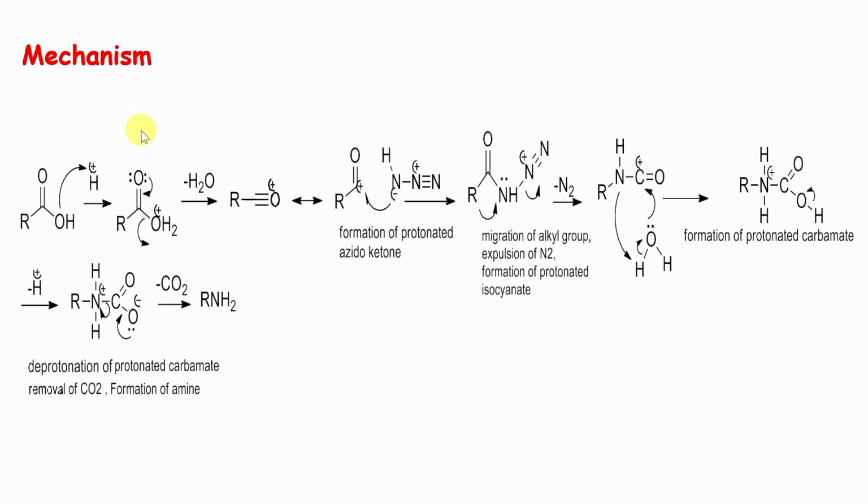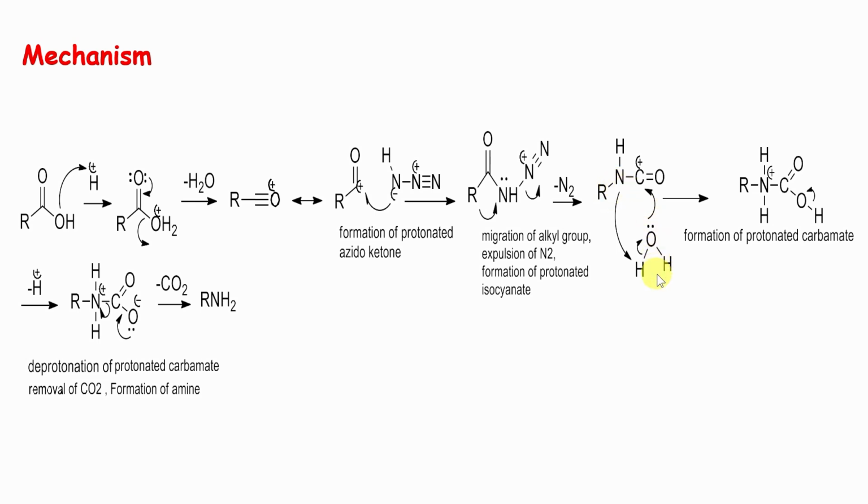See the mechanism of Schmidt rearrangement. First of all, carboxylic acid gets protonated in the presence of hydrazoic acid, forming protonated carboxylic acid. From this, a water molecule is eliminated to form this oxonium ion, which rearranges to form the acyl cation, which reacts with hydrazoic acid, forming the protonated azidoketone. From this protonated azidoketone, a nitrogen molecule is eliminated to form a protonated isocyanate.